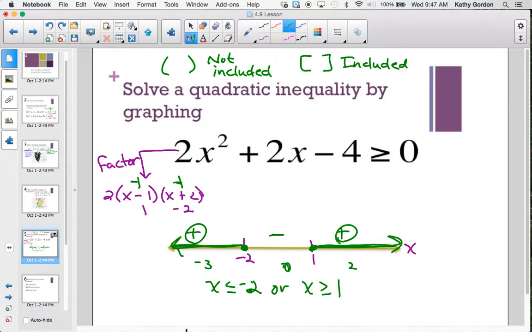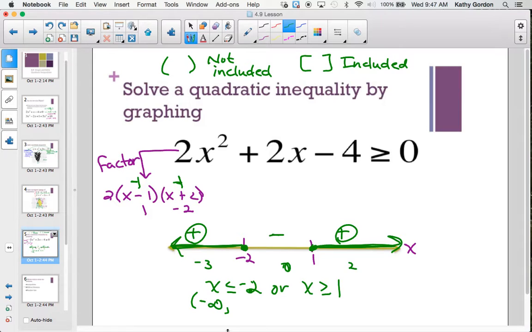So in interval notation, we would say that we start at negative infinity, comma, and you always put parentheses with negative infinity because it is not a specific value. Wait, it's not included? So it's not included because it's not a particular value to include. Infinity is an idea. It's not something you can say, oh, there it is. It's right there on the number line. There's infinity. We're done. Right?